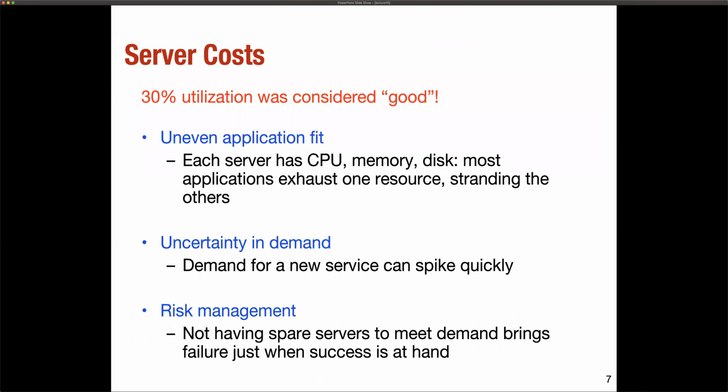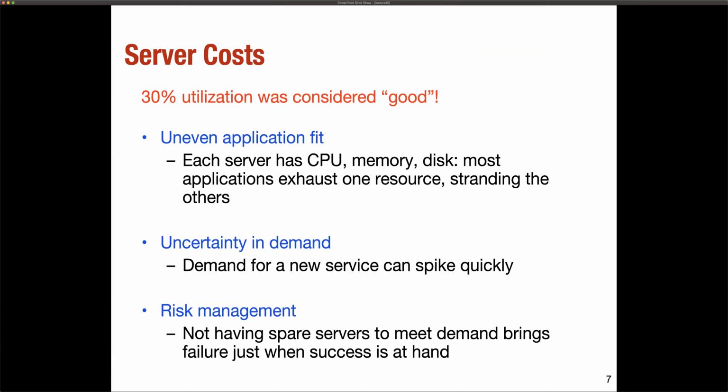So we saw that server cost is very high. Let's try to understand why. One key factor is that low utilization was considered good in those types of settings. So 30% utilization was supposed to be very good. There were a couple of factors that explain why the operators were satisfied with just 30% utilization. One was the uneven application fit.